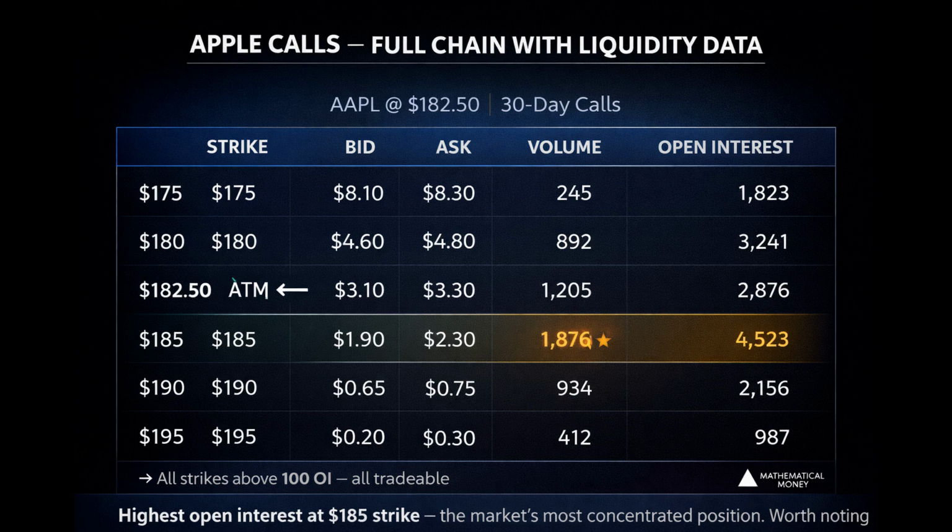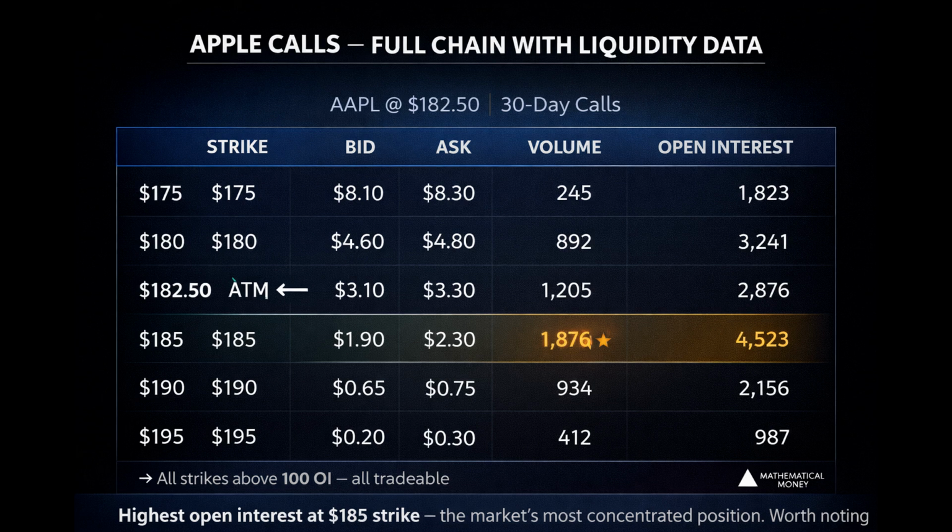Liquid. Strike 180, volume 892, open interest 3,241. Very liquid. Strike 182.50, volume 1,205, open interest 2,876. Highly active. This is the at-the-money strike, which always attracts the most trading.